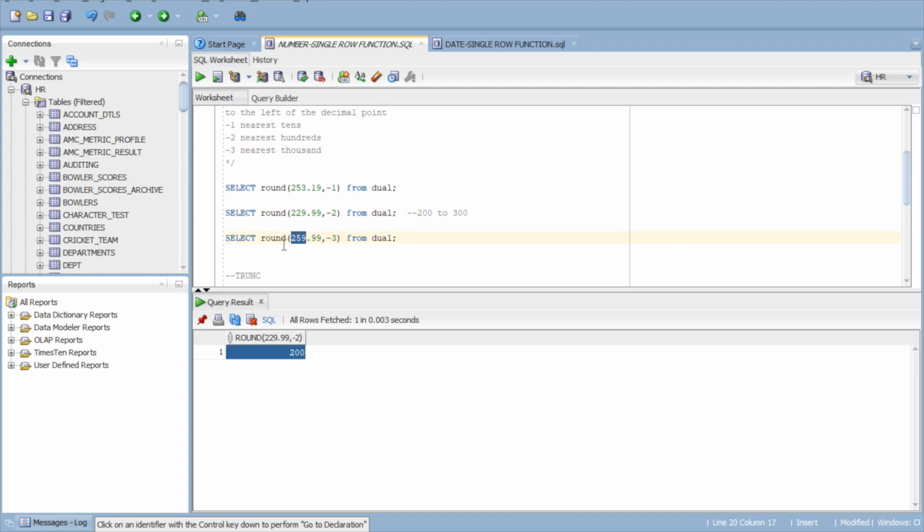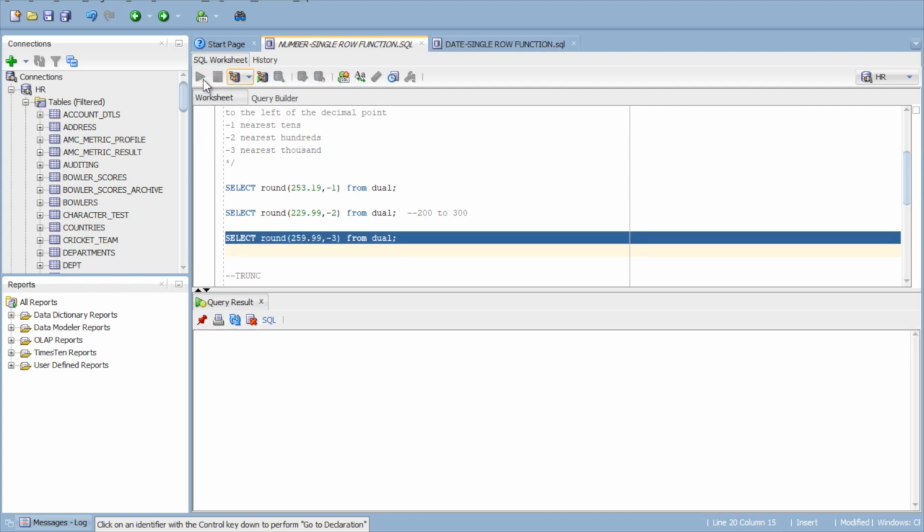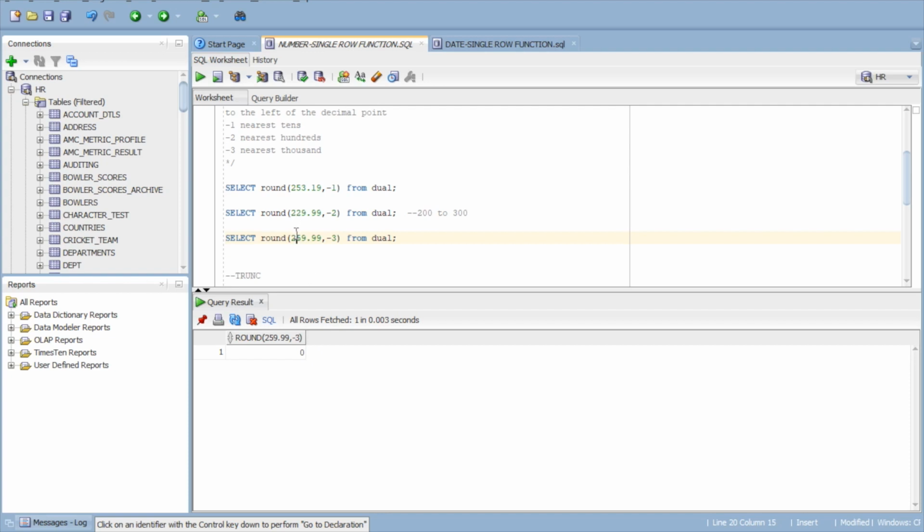If you give thousands here, the scenario is off. So when you execute the query, you get 0, because my number itself is not in thousands format.